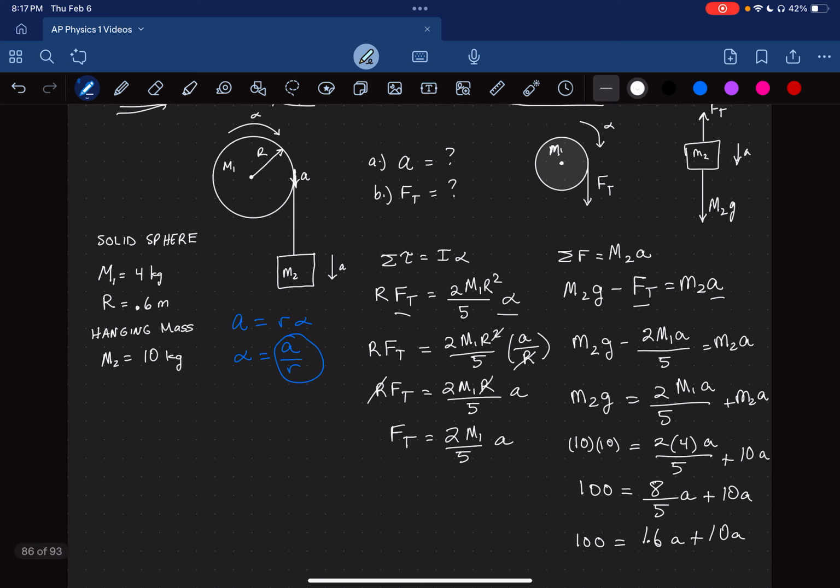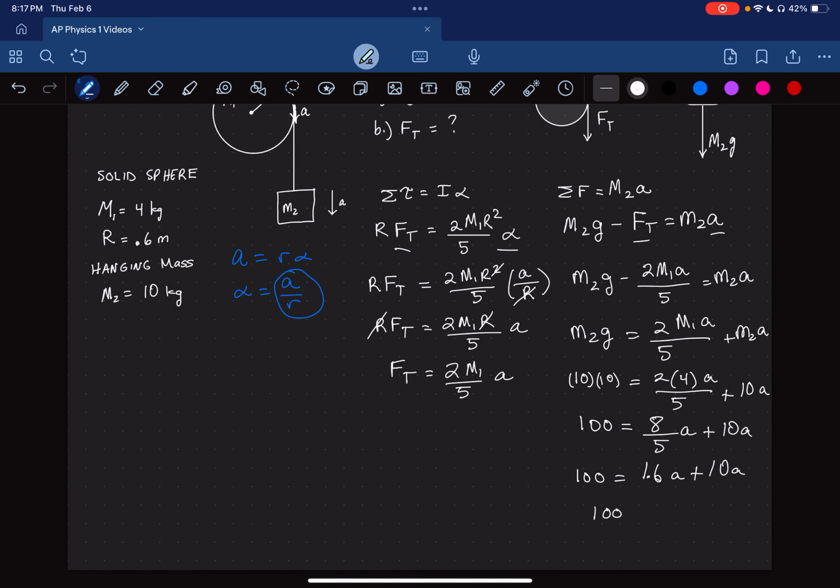So 100 equals 11.6a, which is a is 8.62 meters per second squared.